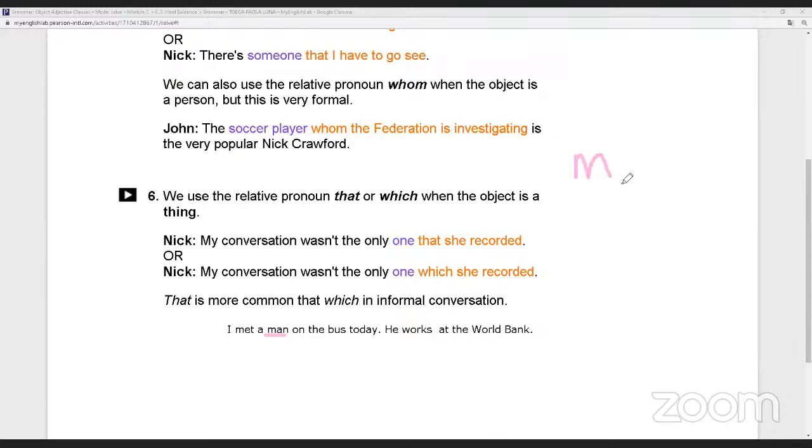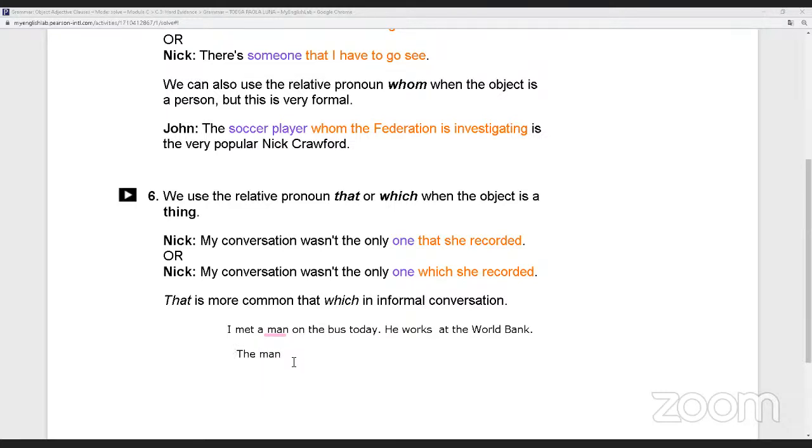The pronunciation is man. For plural, it's men. Man and men. So this is your, the man. The man.